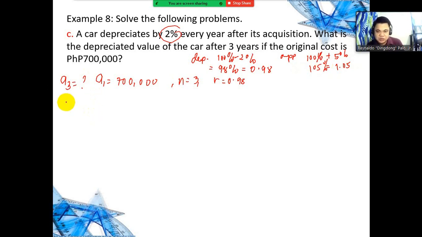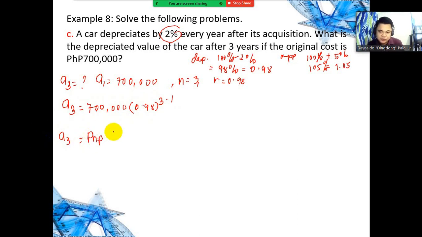Then substitute to the formula: a sub 3 equals your a sub 1, which is 700,000, times your common ratio 0.98 raised to the power of 3 minus 1. If you compute it using your calculator, the price of the car after 3 years will be 672,280.